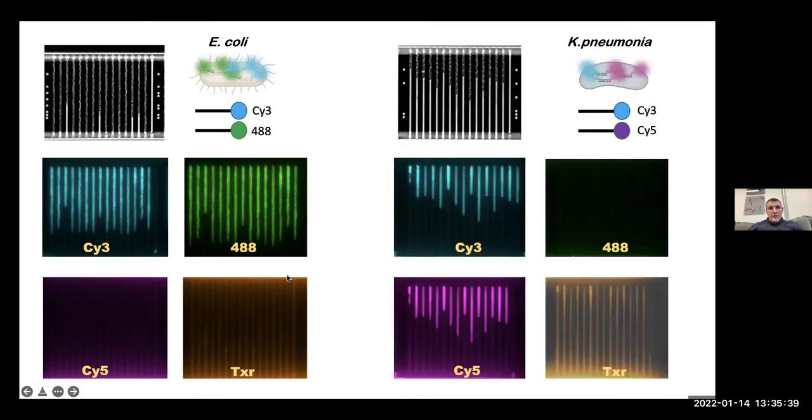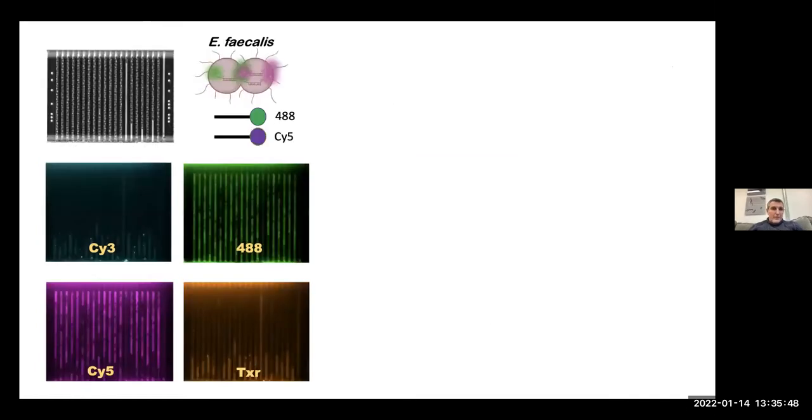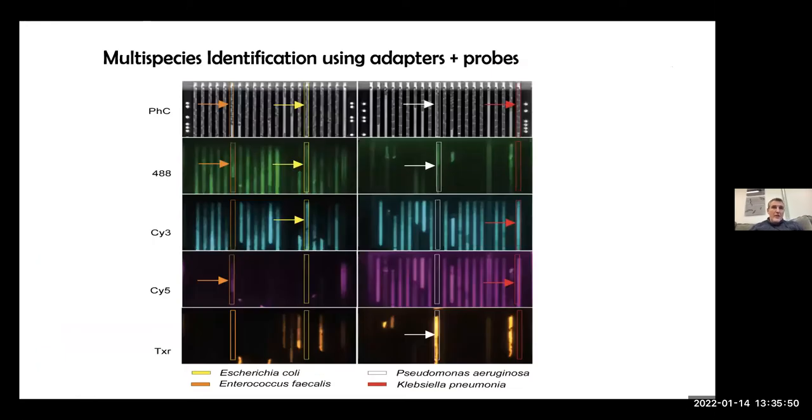And with Klebsiella, you get the cyan and the purple color, for instance. So if you have a mixed sample now with 4 species, you can then see, for instance, that this is an E. coli because it shines in both 488 and Cy3, but not in the other channels.